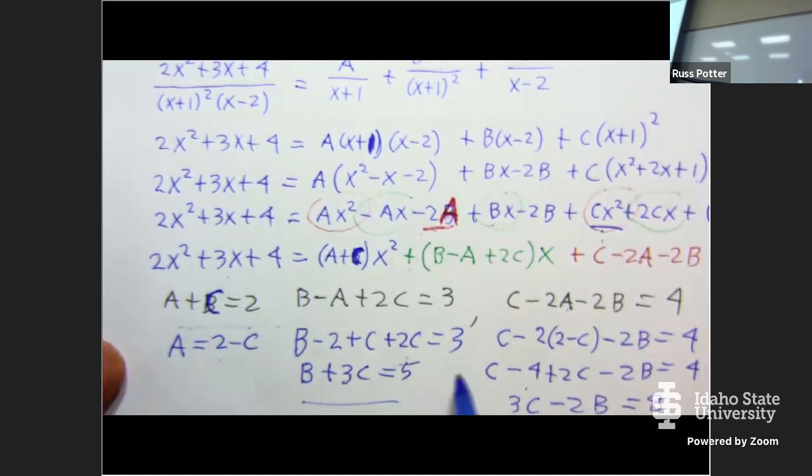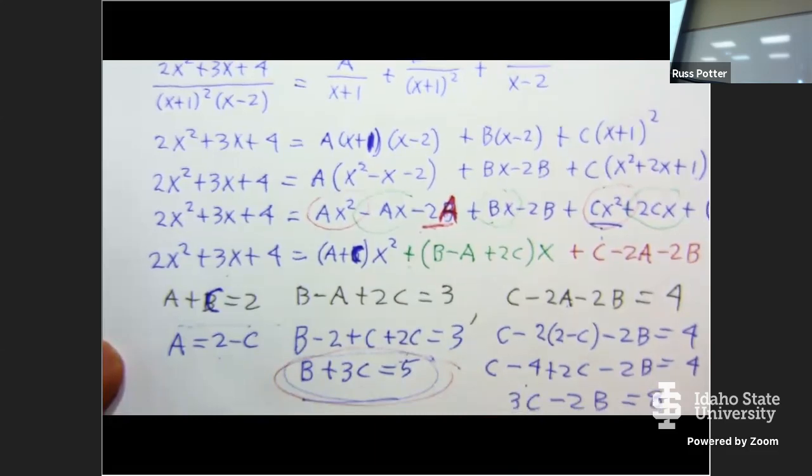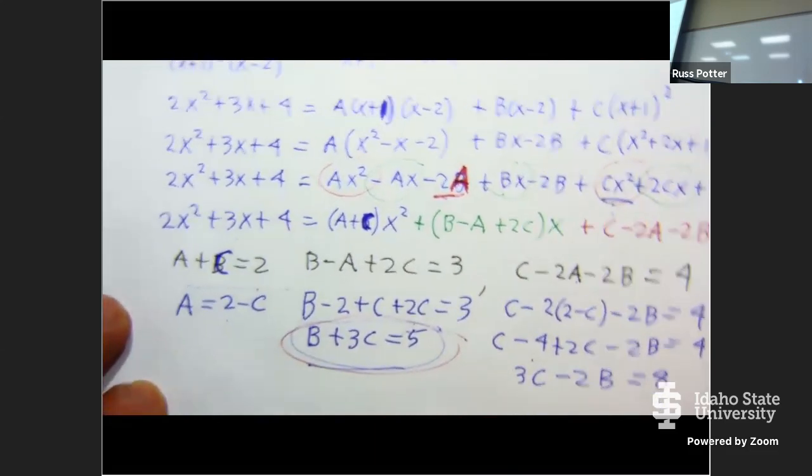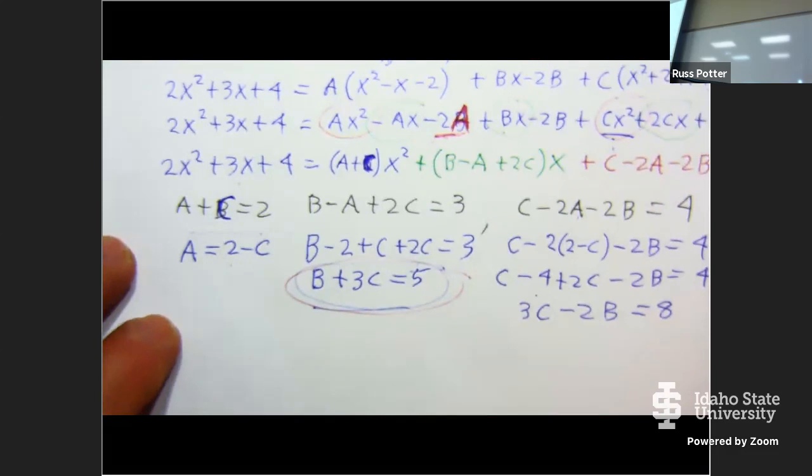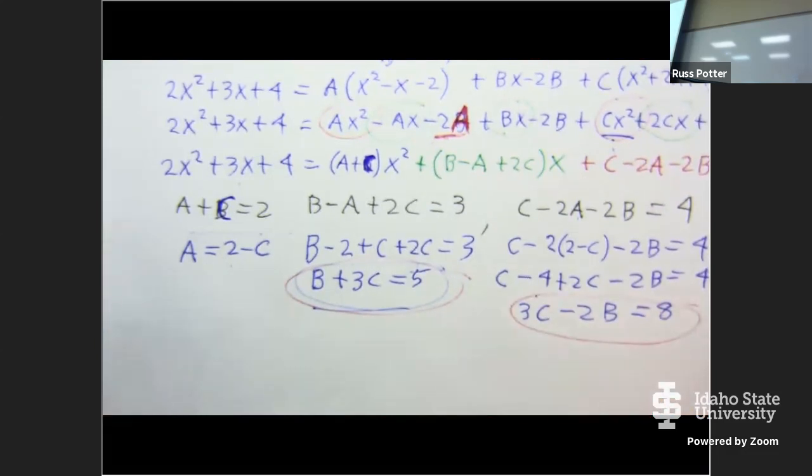Okay, we're not in too bad of a spot here. Let's focus on these two equations, b plus 3c equals 5, and 3c minus 2b equals 8. So I'm going to solve this for 3c by adding 2b to both sides.